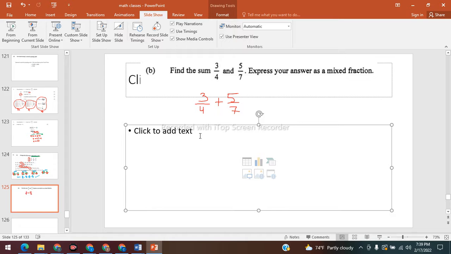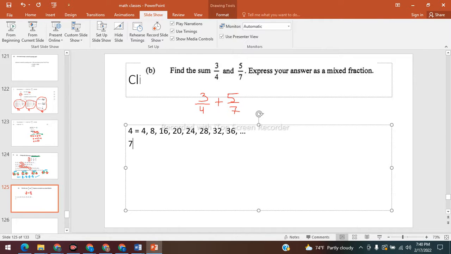Okay, so let's do it together. The multiples of 4 are 4, 8, 12, 16, 20, 24, 28, 32, 36, and continuing.